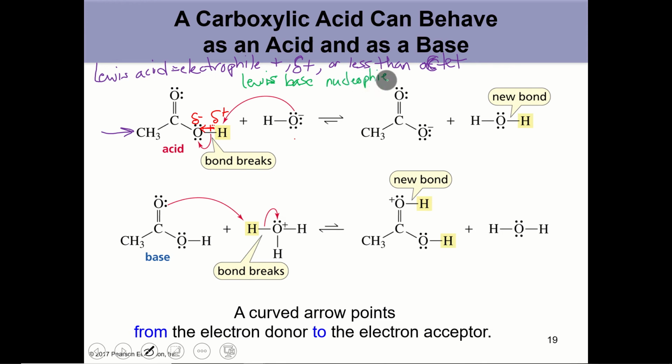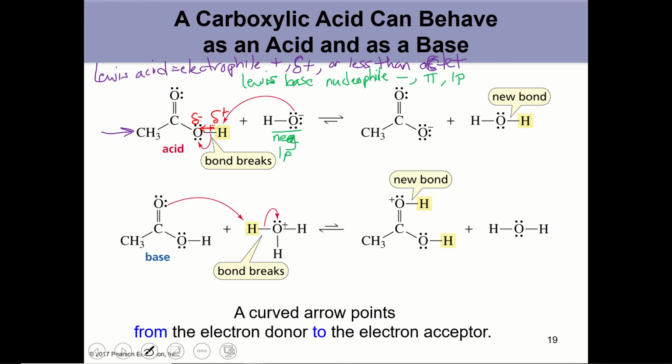That is either negatively charged, has a pi bond, or a lone pair, LP. And so when we look at the base, we see that it is both negative and that it has lone pairs.